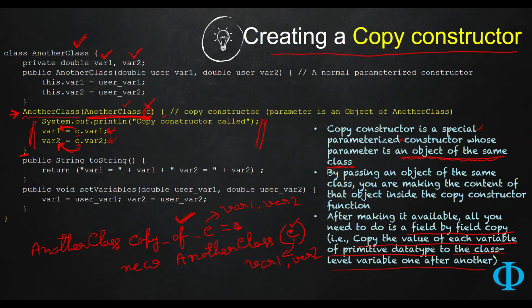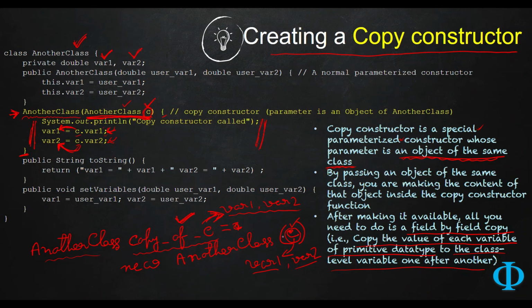Then whenever you try to make another copy of that C object and you pass the actual C, it will copy C's var1 and var2 to the copy of C's var1 and var2, and in this way you can make a separate copy of an object.